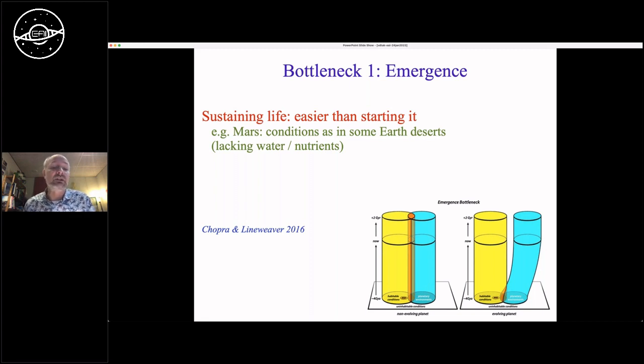It's tough living, but certainly bacteria exist there too. So maybe Mars is an example of a place where life would survive if it was there already, but it isn't. The conditions aren't good enough to start life.